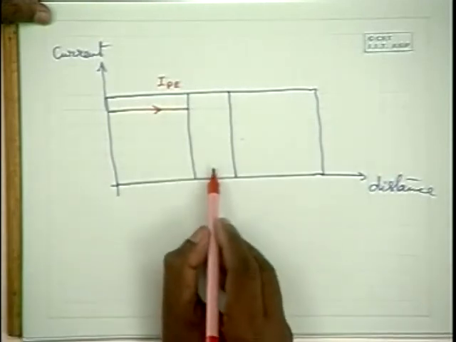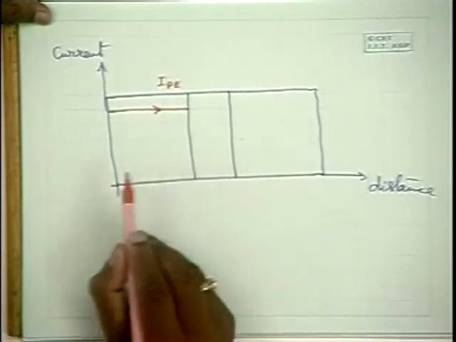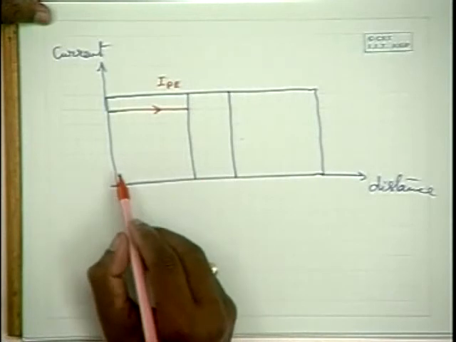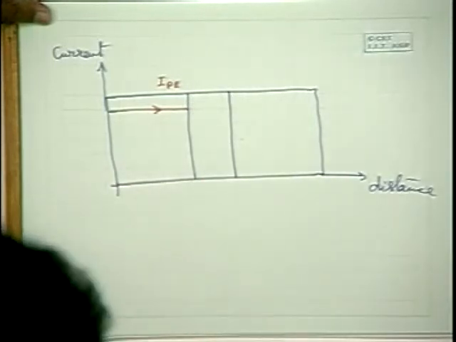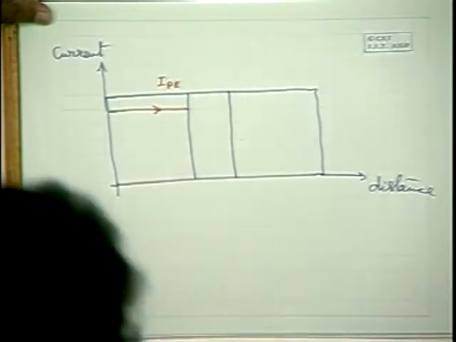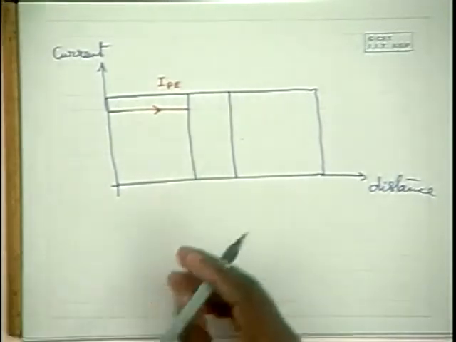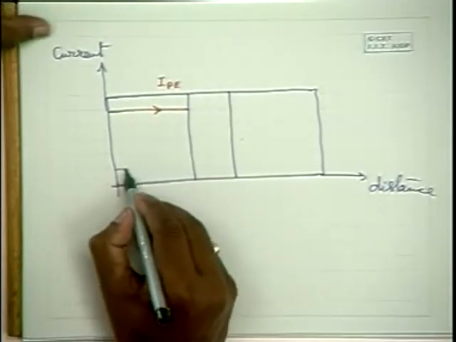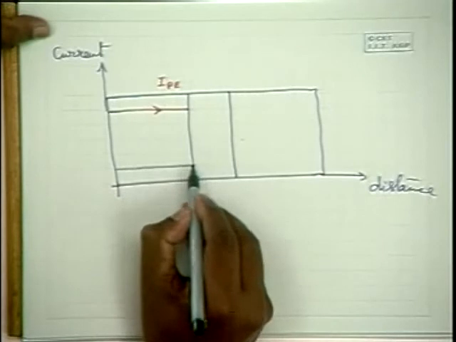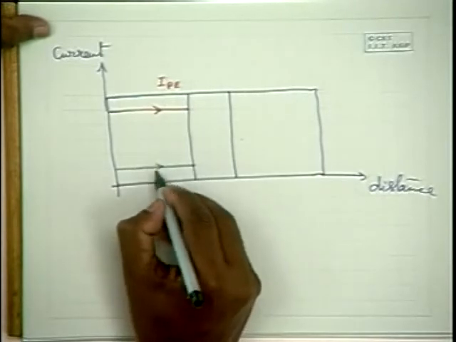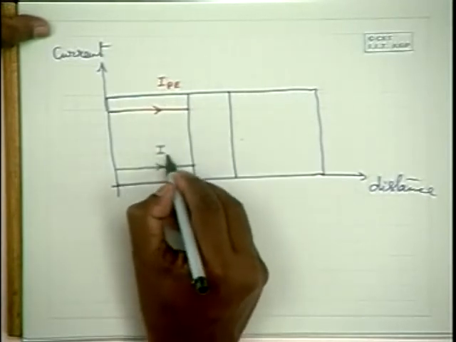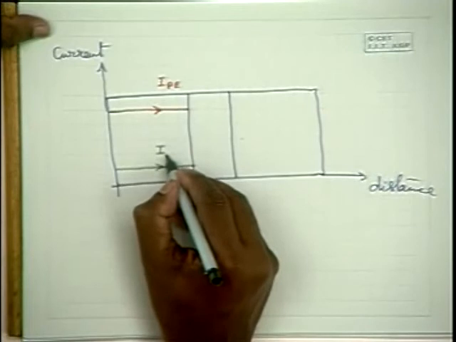And due to diffusion of electrons from the base region into the emitter region, you have again here a positive emitter current, and let me indicate it as INE.